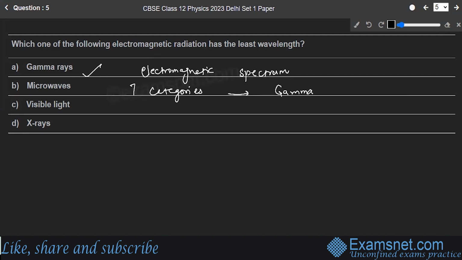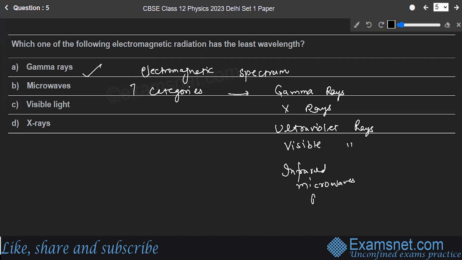They are gamma rays, X-rays, ultraviolet, visible, infrared, microwaves, and radio waves. These regions are listed in the order of increasing wavelength and decreasing energy and frequency.